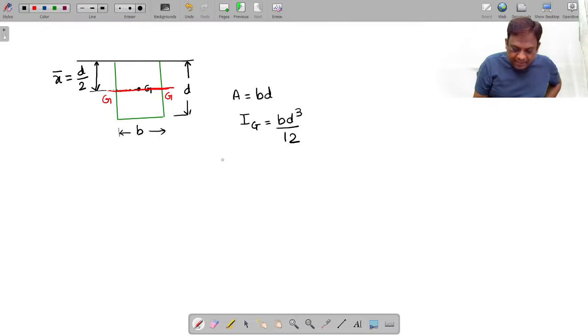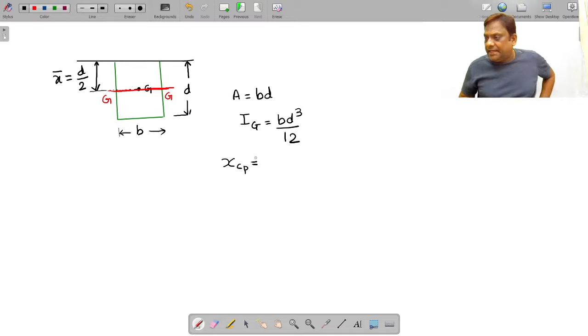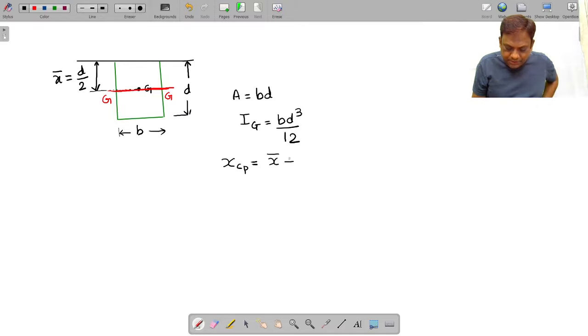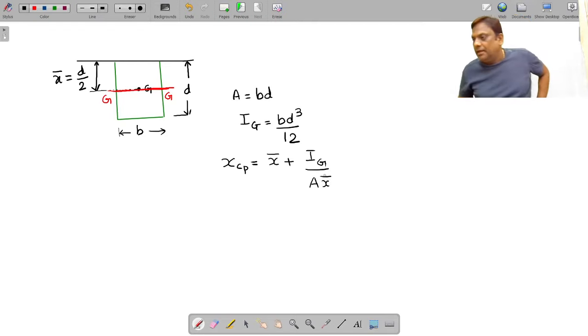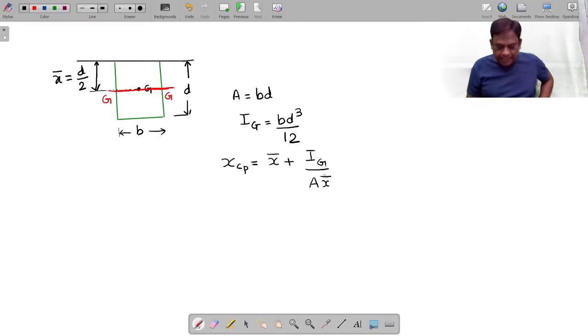So now let us calculate the depth of center of pressure. Already I gave you for plane vertical surfaces it is X bar plus Ig by A x bar. So let us calculate XCP.